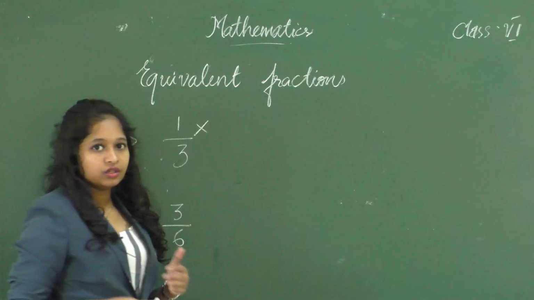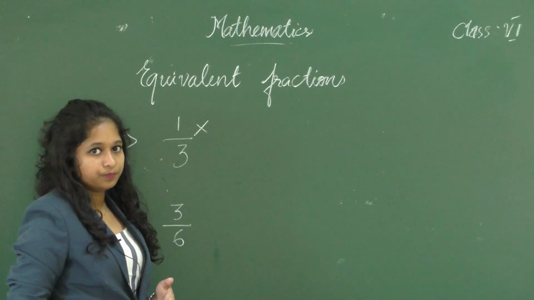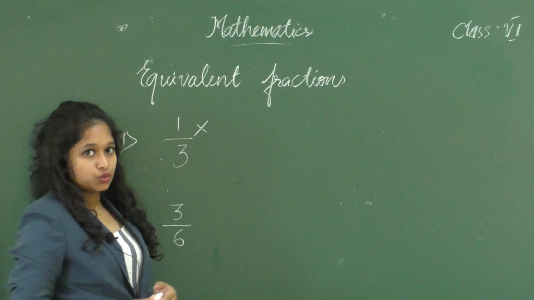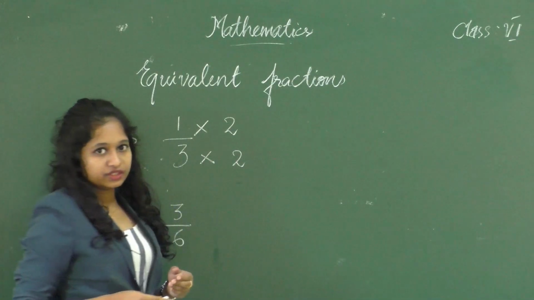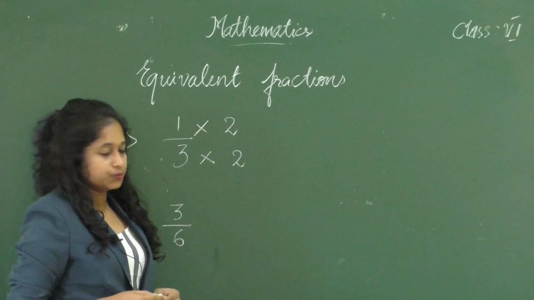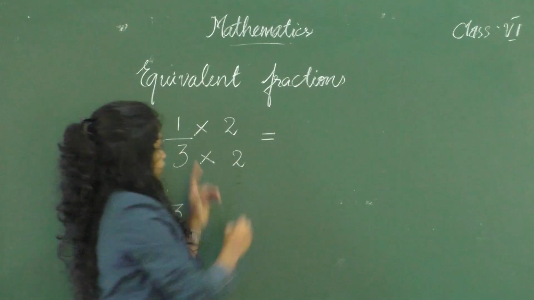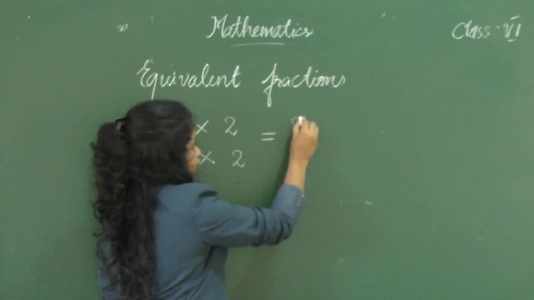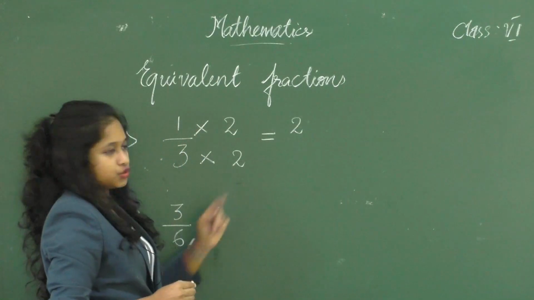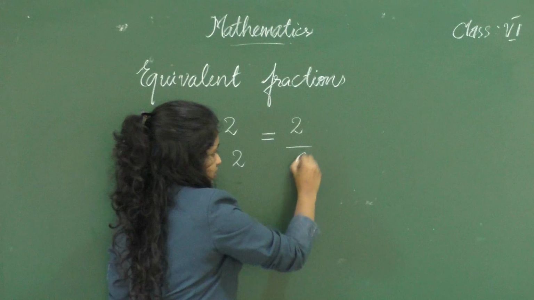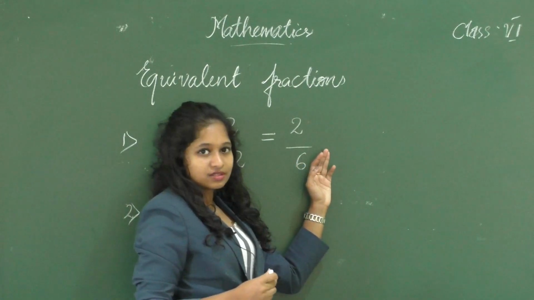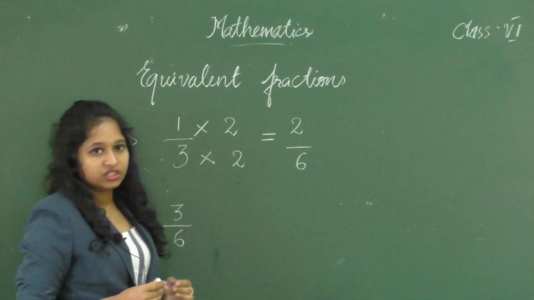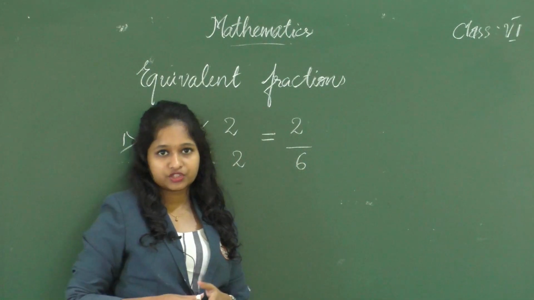Multiply with a non-zero number. Let me take 2. Multiply numerator and denominator by 2. So I get 1 into 2 is 2 and 3 into 2 is 6. Therefore, 2 by 6 and 1 by 3 are equivalent fractions.